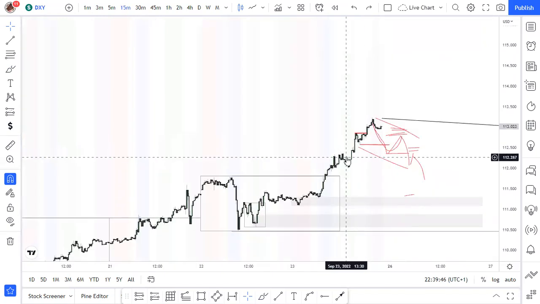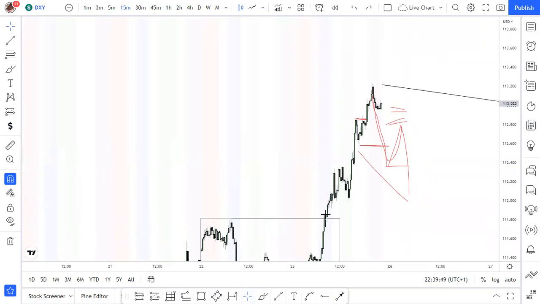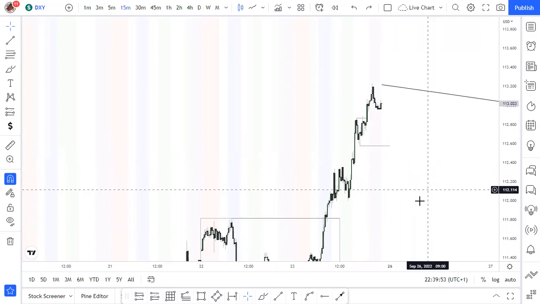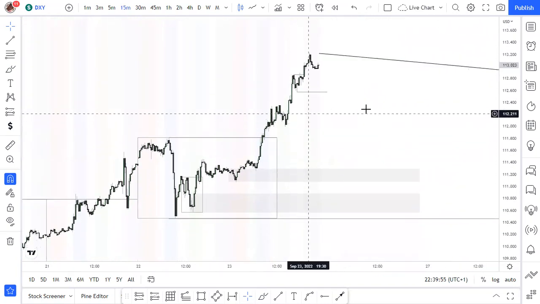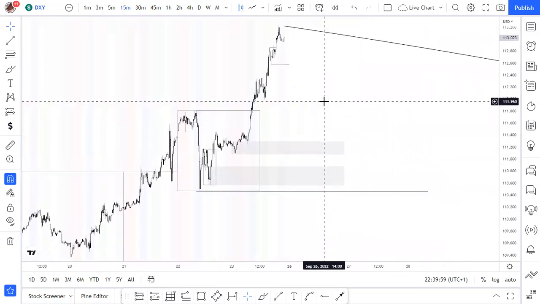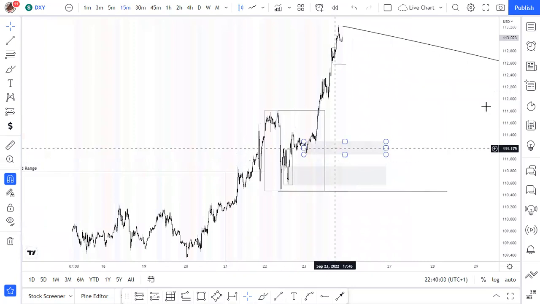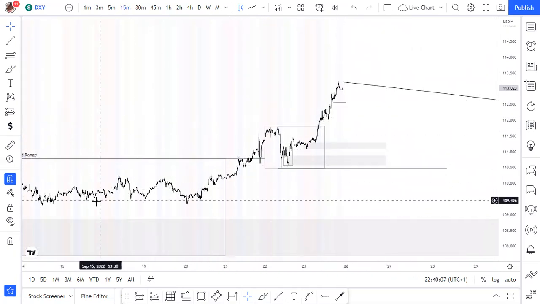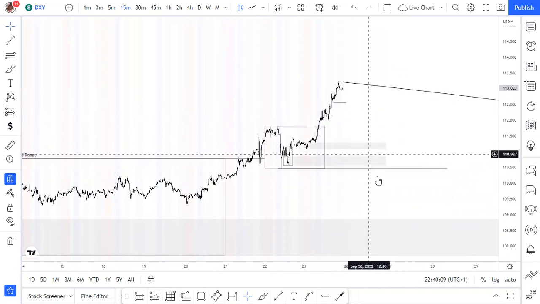So I think that would be it for dollar index, that's DXY. Whatever we have here on the DXY, we kind of invert it for Euro USD and Peso, since we have bullish structure, bullish order flow, and we are expecting some kind of pullback.